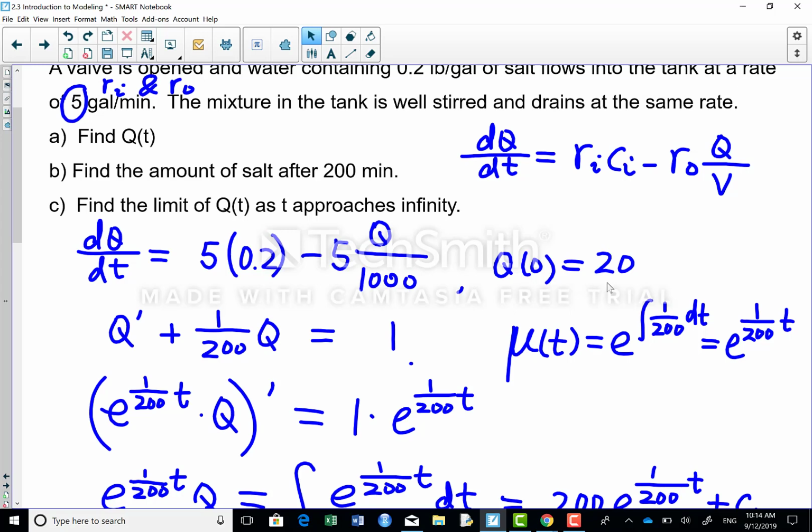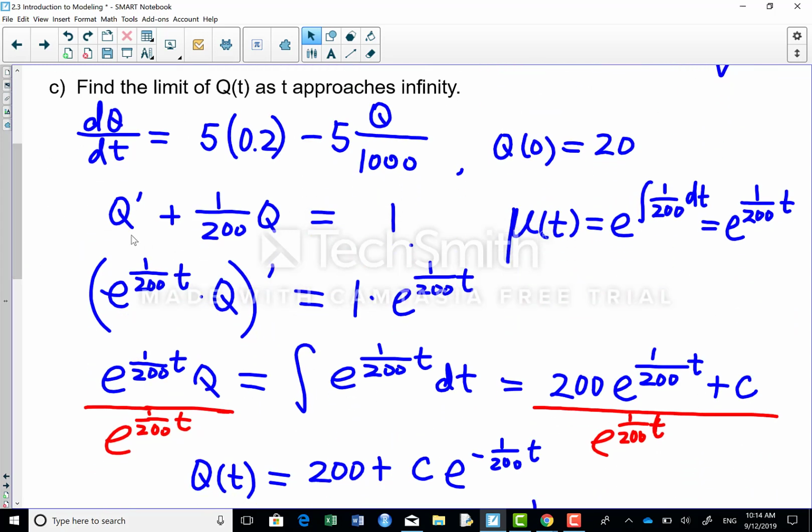That's our initial condition. So this is a first order linear differential equation. We can solve it for Q. Now let's rewrite this in standard form, and prepare for the integrating factor method. So Q prime plus 1 over 200 Q equals 1.